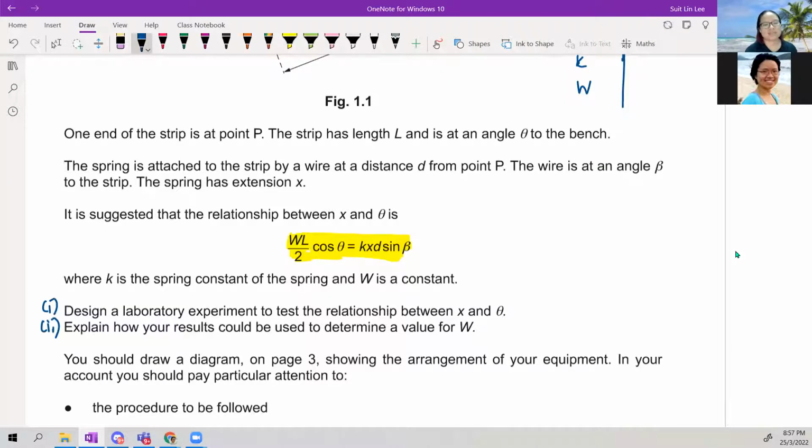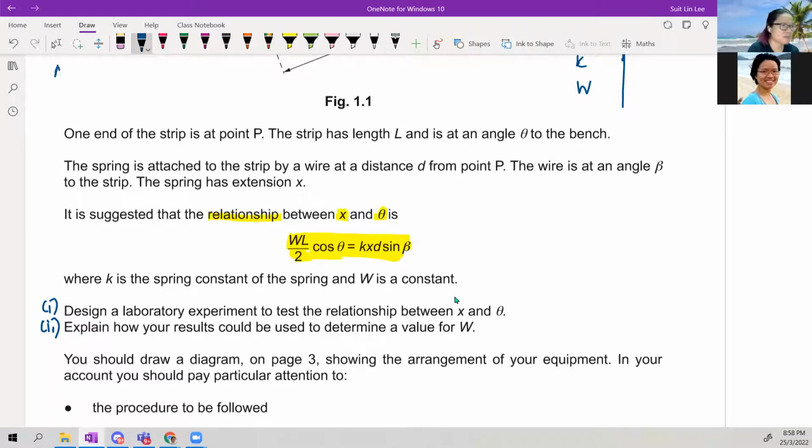So for X and theta, whenever we do an experiment, it's always to find relationships, at least for physics. For other sciences, the experiment tends to be different, but for physics, in this condition, I can set it up such that I look at the relationship between these two, which means one of these will be your manipulated and one of these will be your responding.